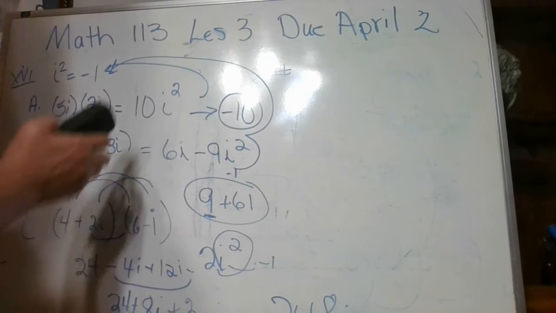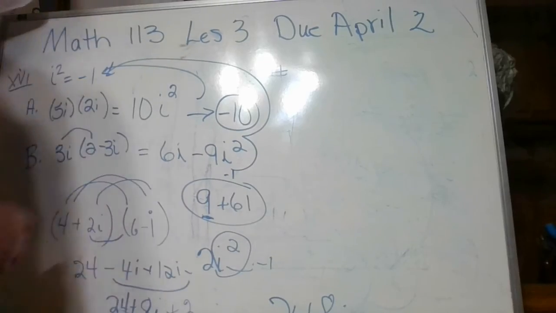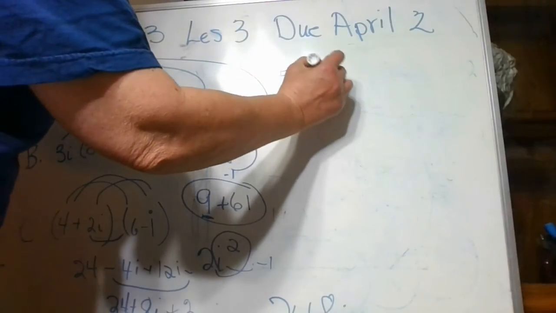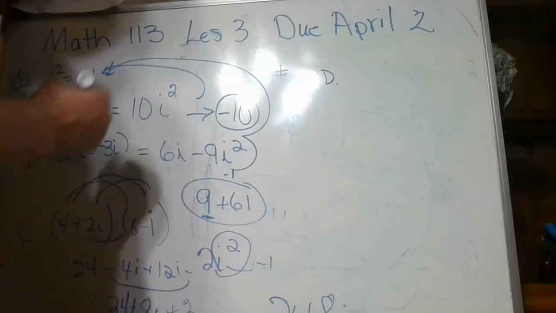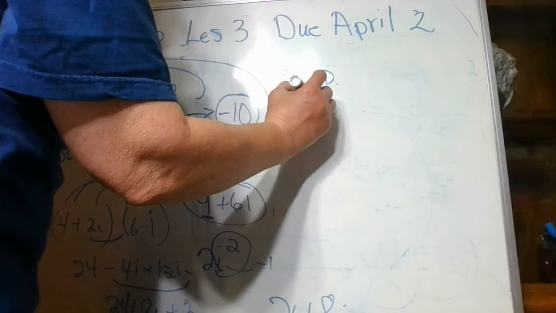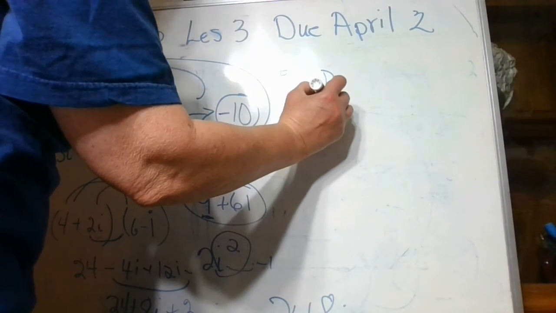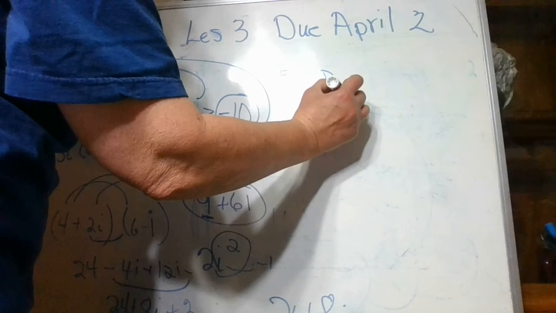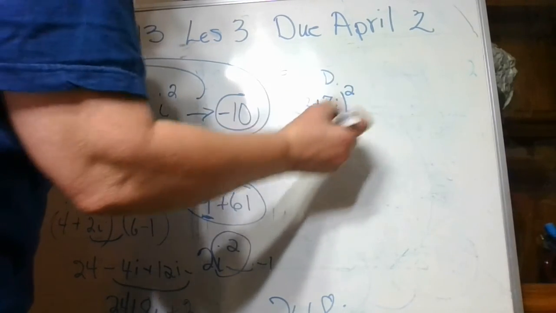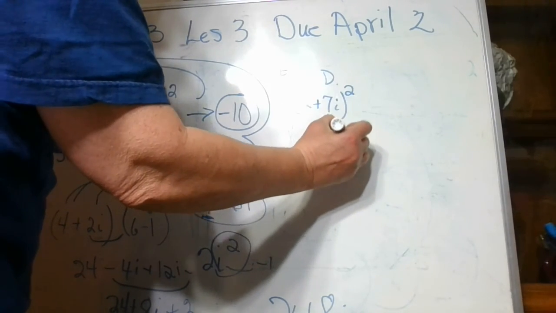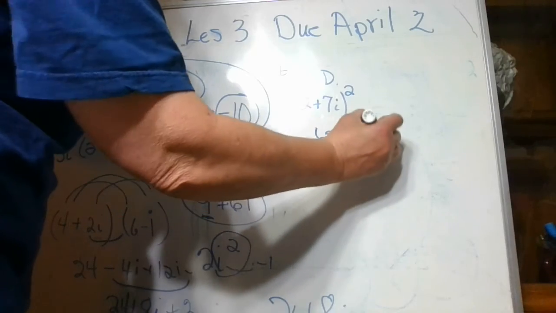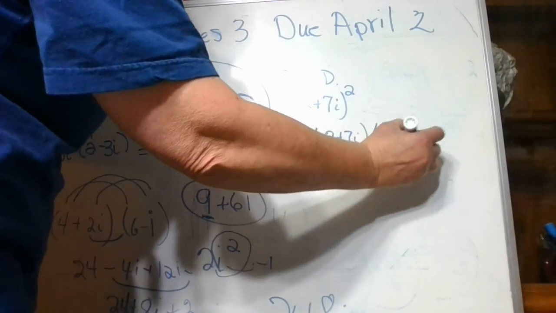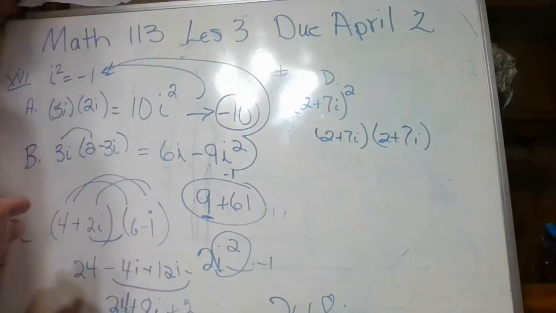All right, moving on to the next example, example D. It's 2 plus 7i squared. And you can rewrite this as 2 plus 7i times 2 plus 7i if that makes it easier for you to FOIL.